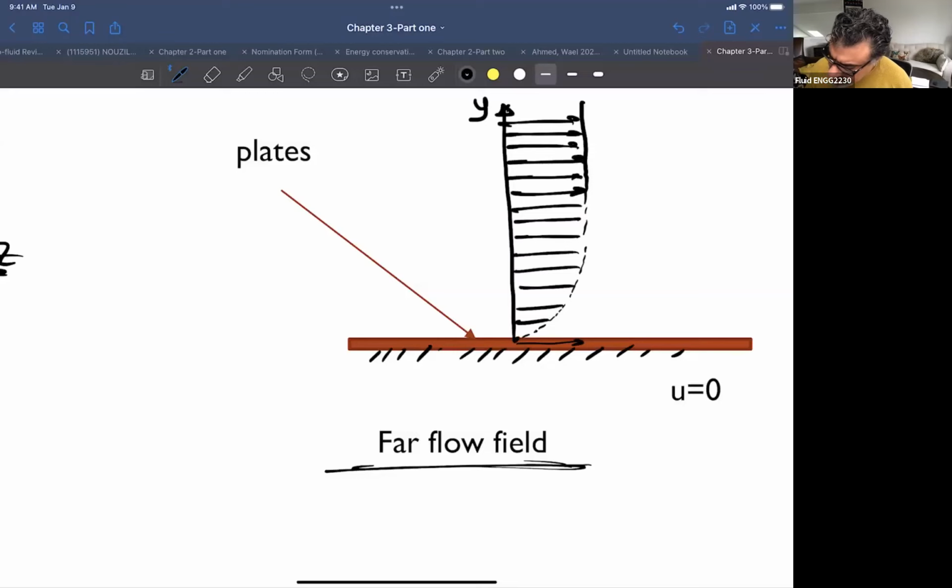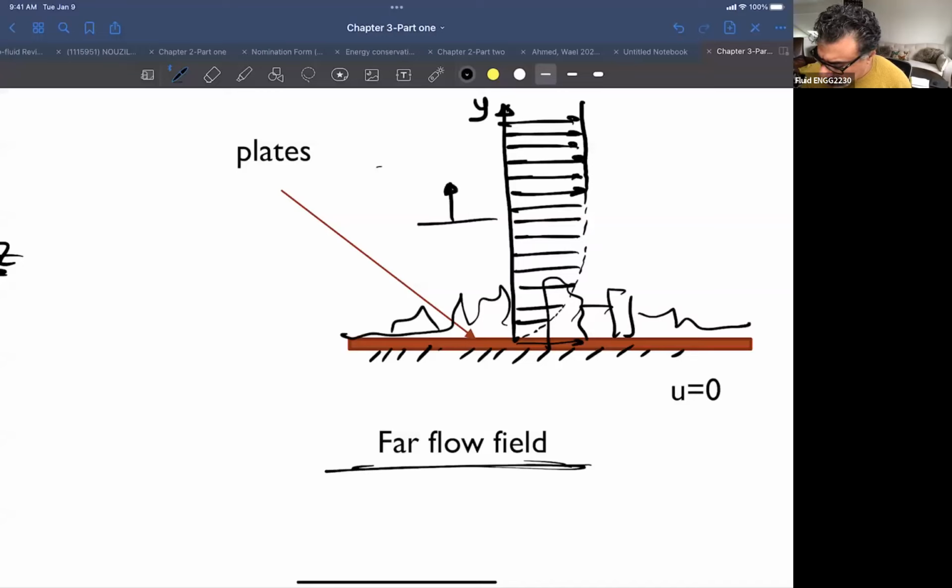So you might see, of course, buildings here, and a velocity distribution here, and then as you go into the open, which we call the far field, you can see the velocity becoming approximately constant. The velocity is constant along the way here, so we can call this a uniform flow.